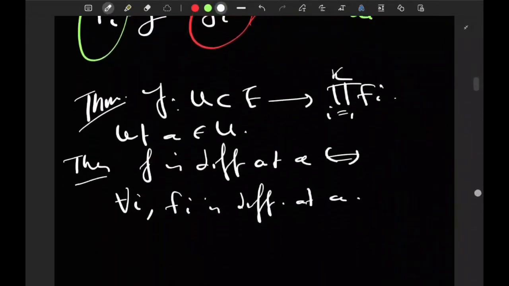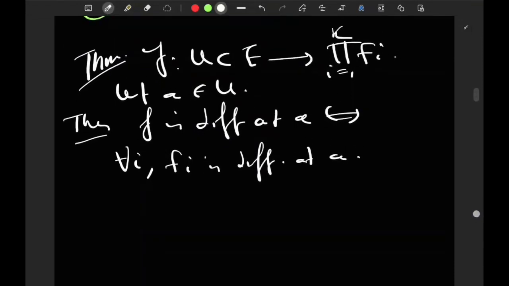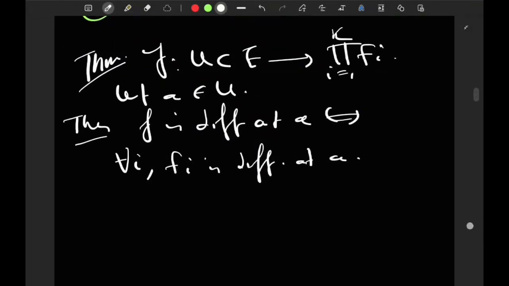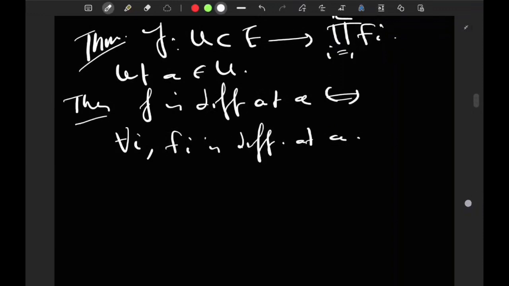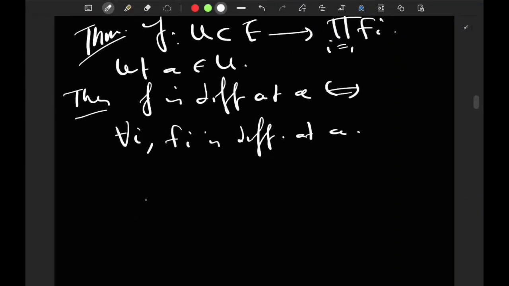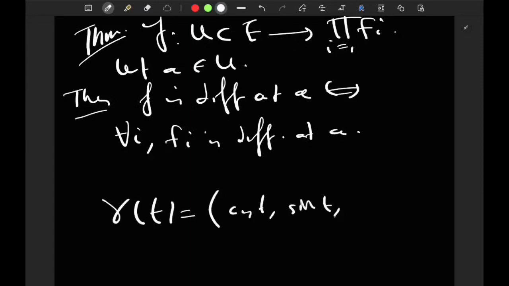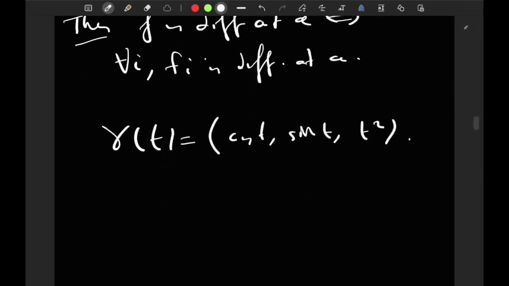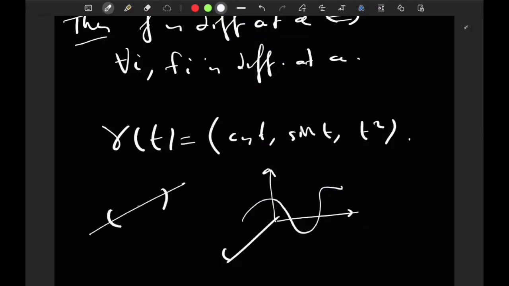And this is what we usually saw in basic calculus, especially in physics-related courses, when you have parametric curves. So gamma of t being equal to cosine t, sine t, t squared, expressing some curve lying inside the space R3, parameterized by t lying inside some interval.